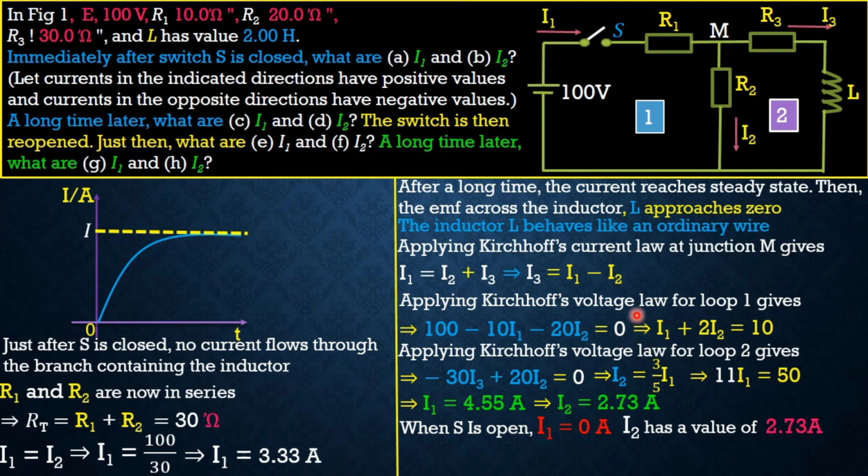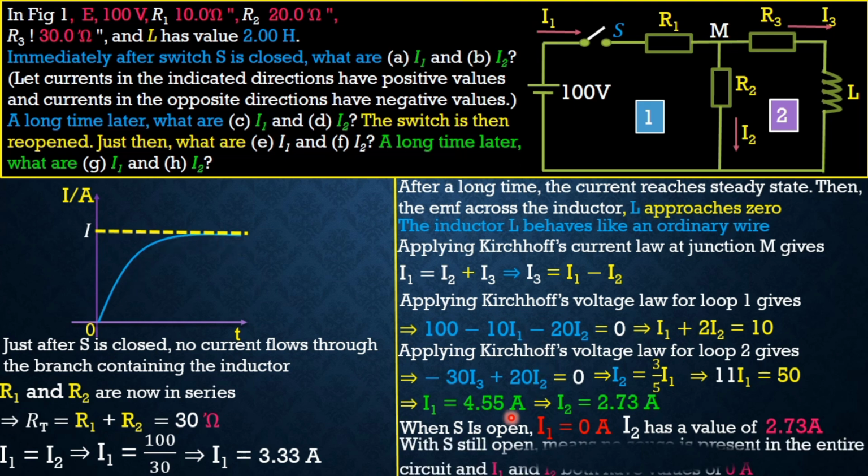Likewise, I3 had its value, which was different from 0. Now the irony behind it is that with the inductor in place, the currents I1 and I3 are instantly not going to be 0, but after a very long time, they are going to die down to 0.